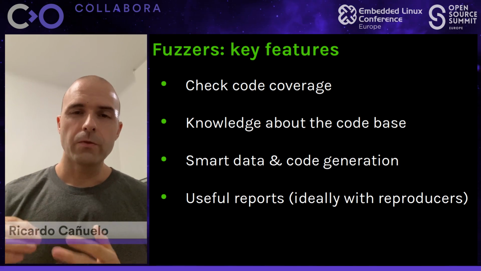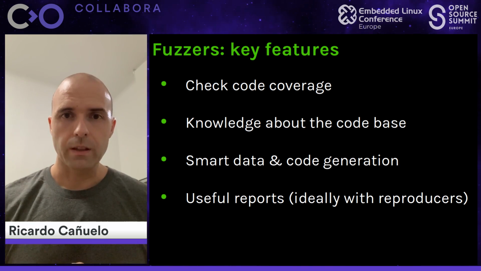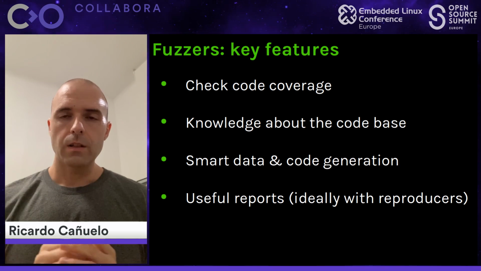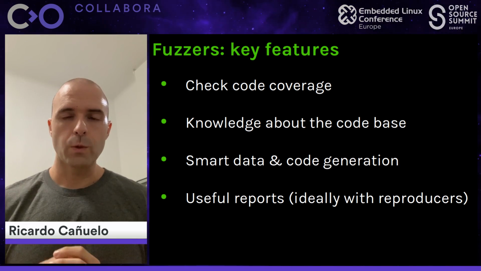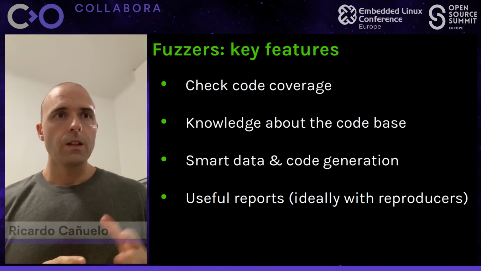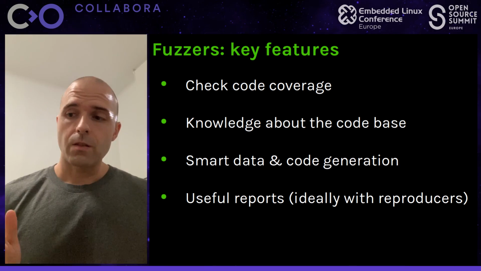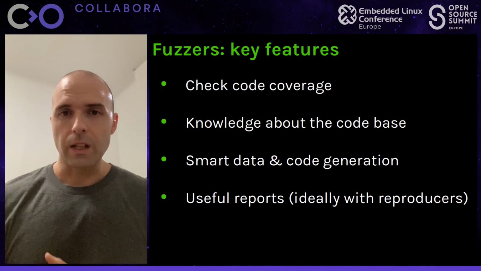in order to make fuzzing effective in a target as big and complex as the Linux kernel, there are at least some key features that we want in order to make the fuzzing process more effective. Because otherwise we would be relying only on pure luck.